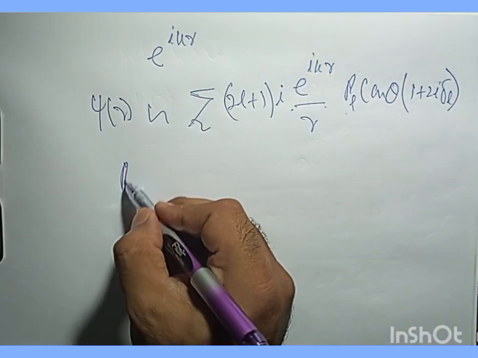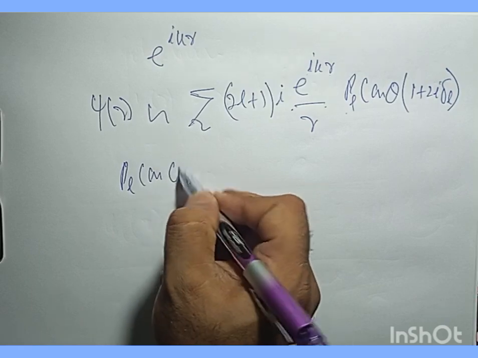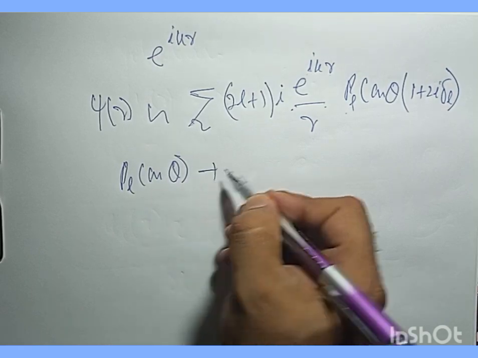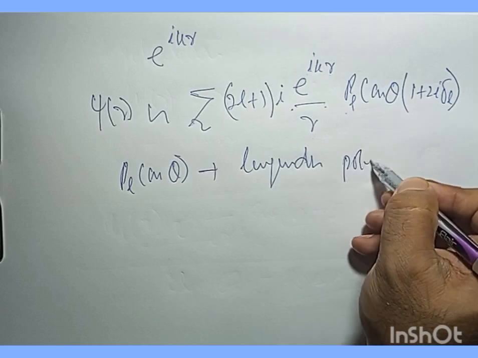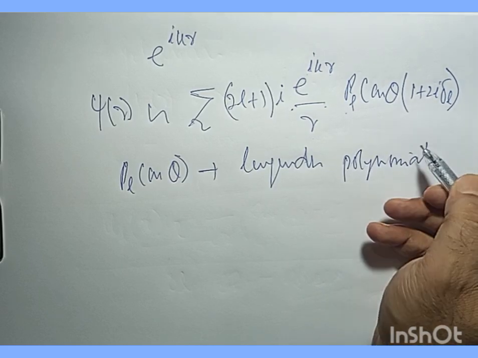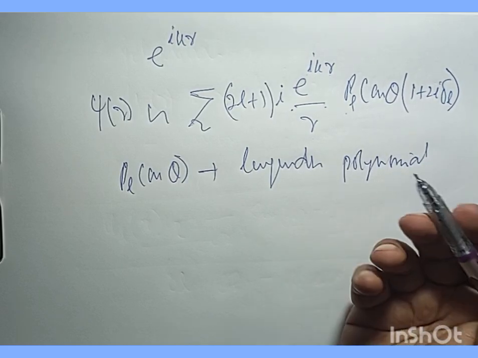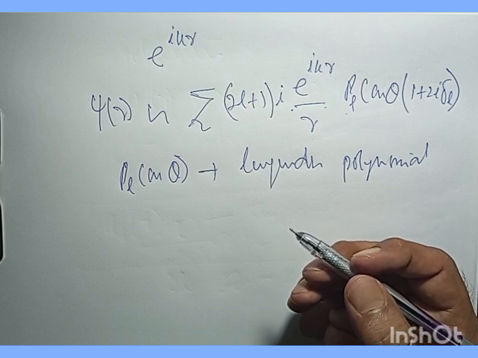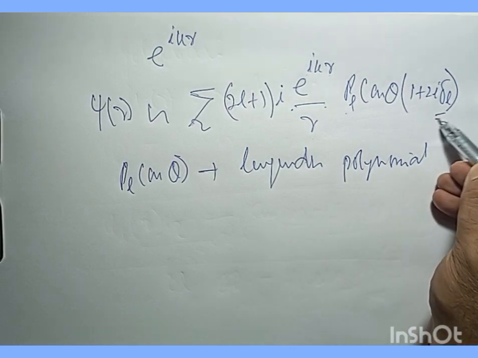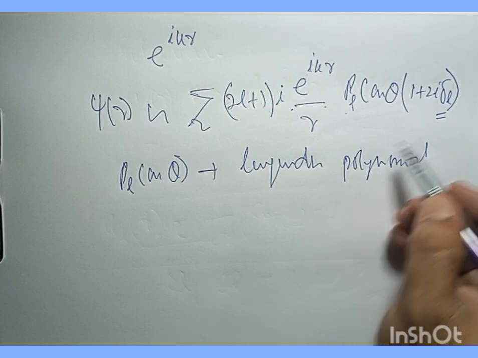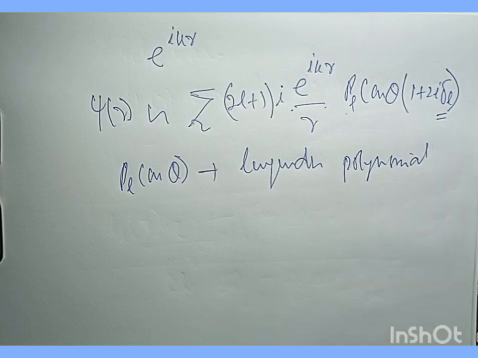Now this P_L cos theta, all of you know, is nothing but the Legendre polynomial. And from this equation, the scattering amplitude is related to our phase shift. What is that?